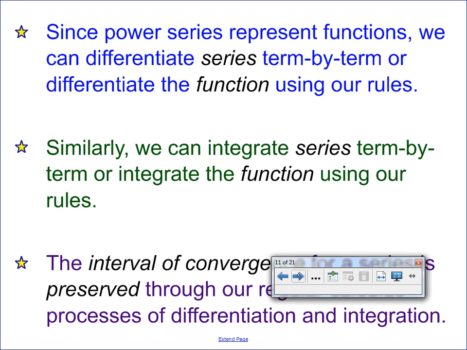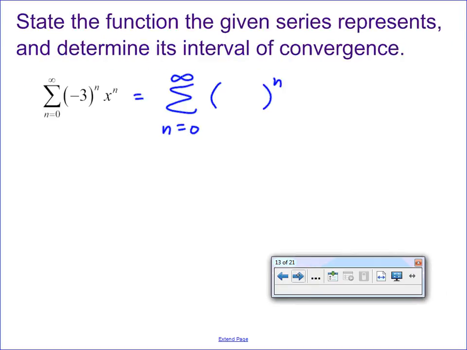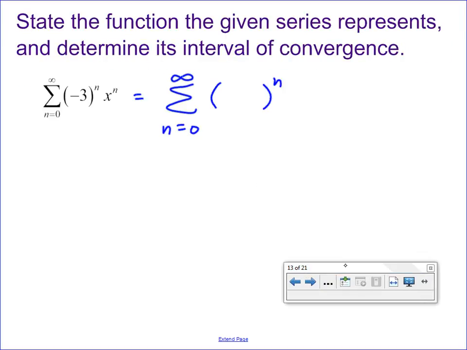So it looks to me like negative 3x. So by rewriting that as negative 3x to the n, we can perform a direct substitution to generate the function represented by this series.